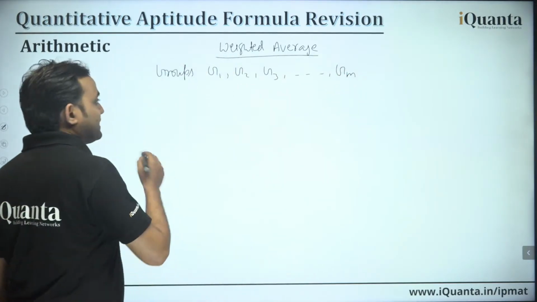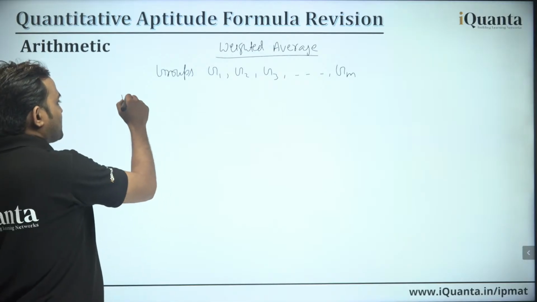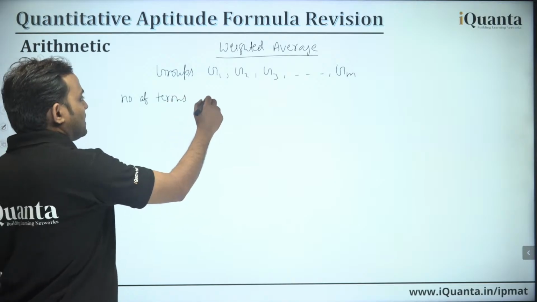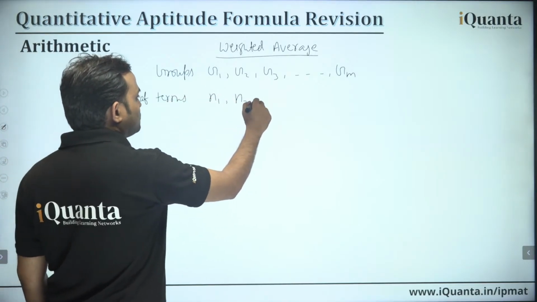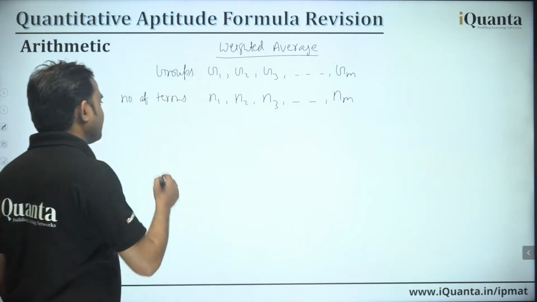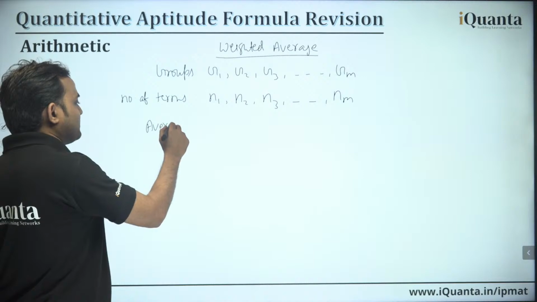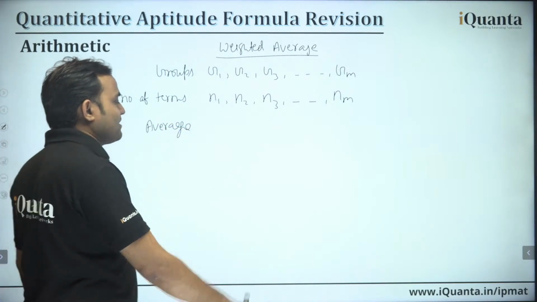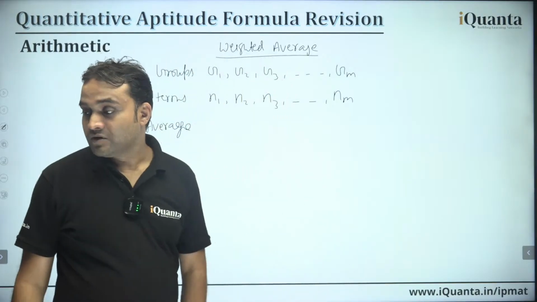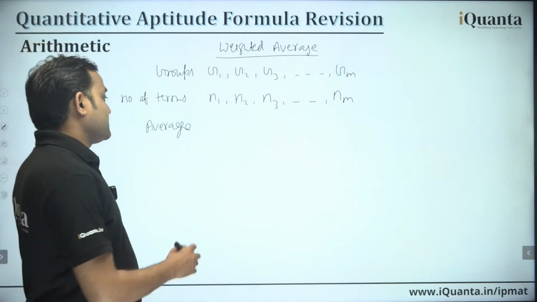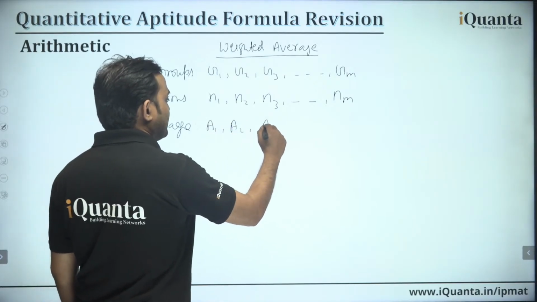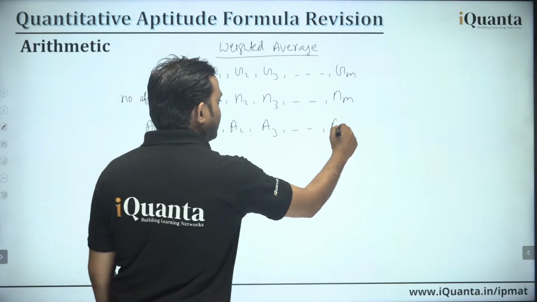These groups have number of terms N1, N2, N3 till Nm. And the average could be anything: average weight, average height, average age, average money with them. So the average is given, let's say A1, A2, A3 till Am.